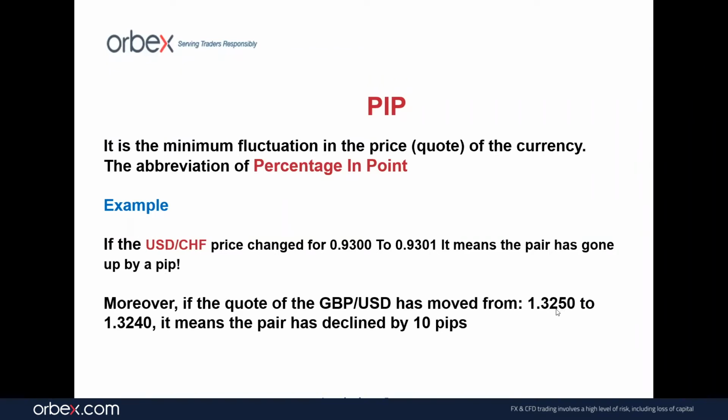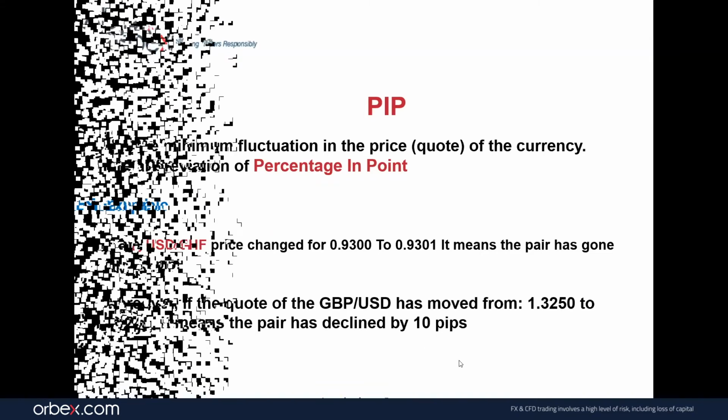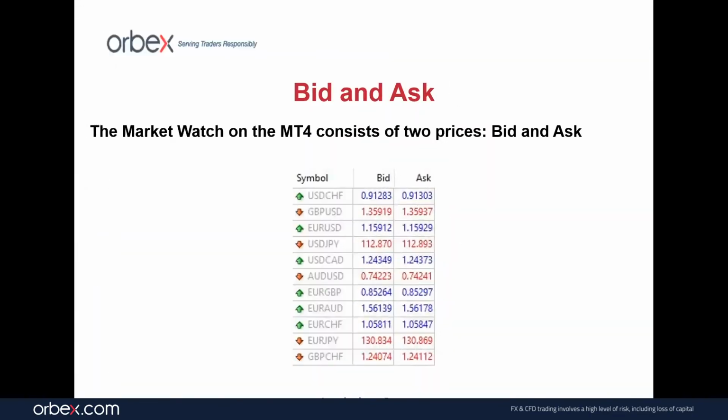In the second example, we've given a 10 pip move: 32.50 to 32.40, and it's declined by 10 pips. If we go to 32.30, it would decline by 20 pips.